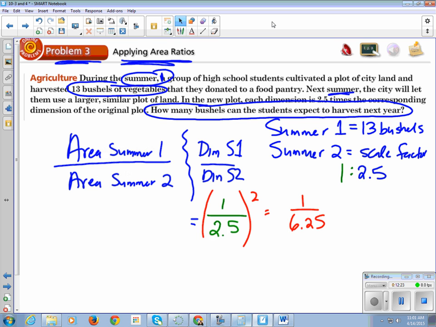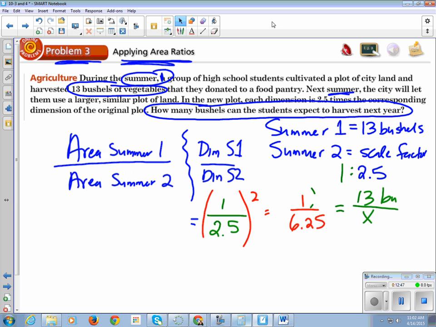So when they say how many bushels can the students expect, with my original plot of land, I picked 13 bushels. With my new plot of land, I don't know how many I'm going to pick, but it should be 6.25 times that, which is our scale factor.